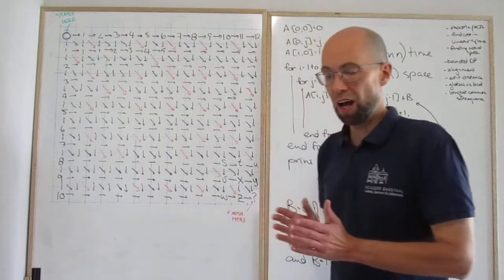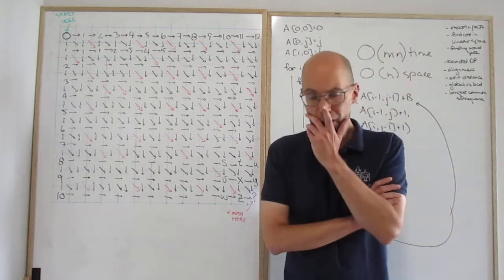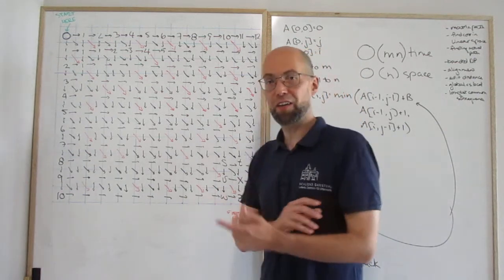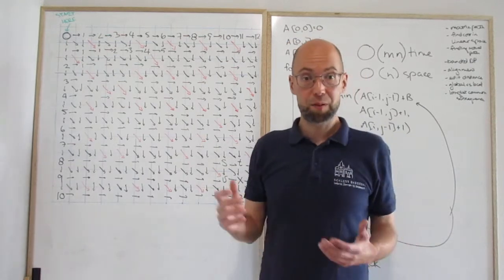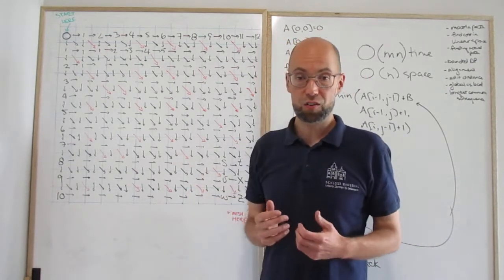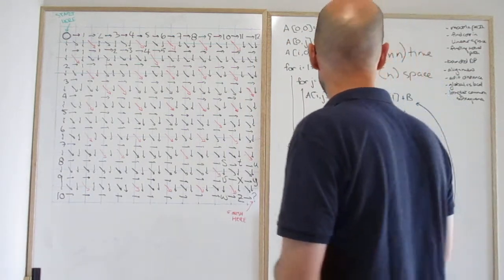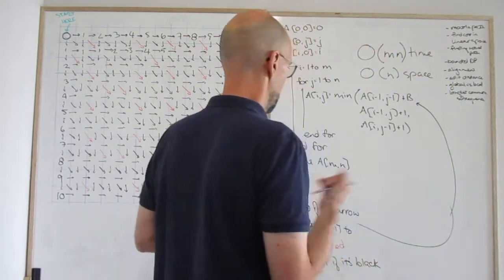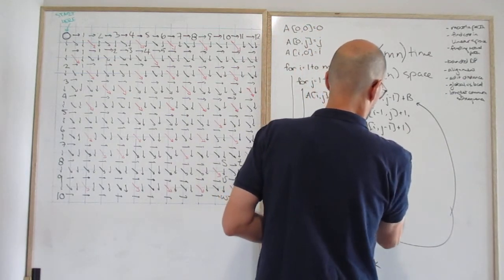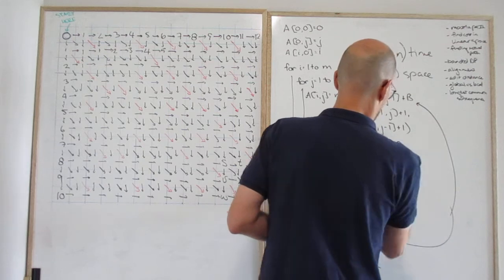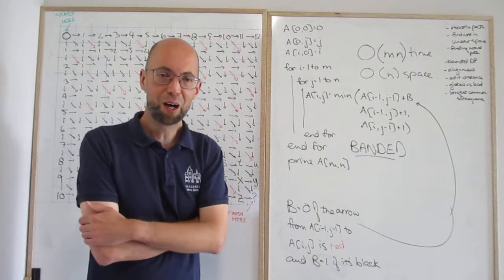So the idea behind banded dynamic programming is, what if I ask you to get from here to here, and all you have, and remember crossing a red edge is free. Banded, yes, banded. I'm not sure I've ever seen it.